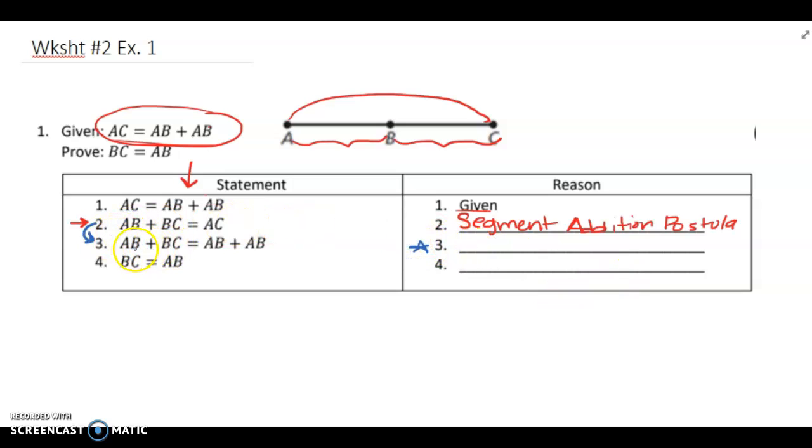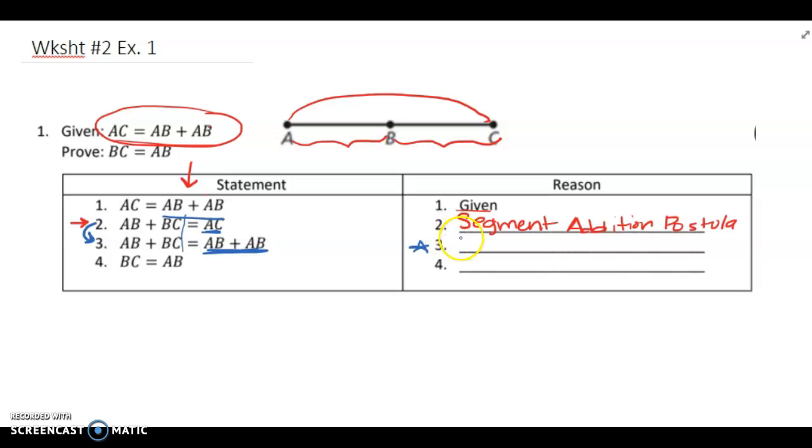It says AB plus BC equals AB plus AB. Notice the left-hand parts are the same, but somehow AC turned into AB plus AB. Well, if we look up here, doesn't AC equal AB plus AB?